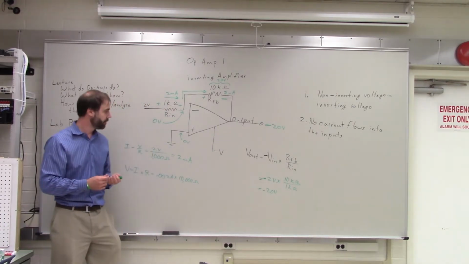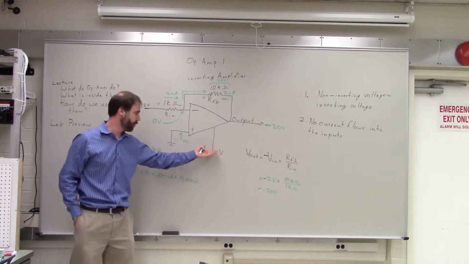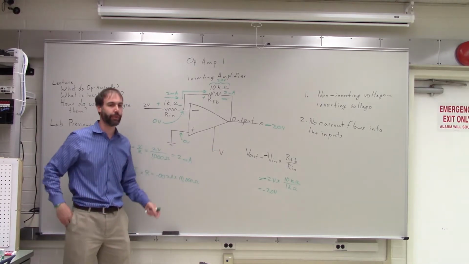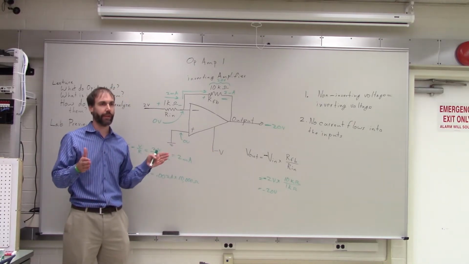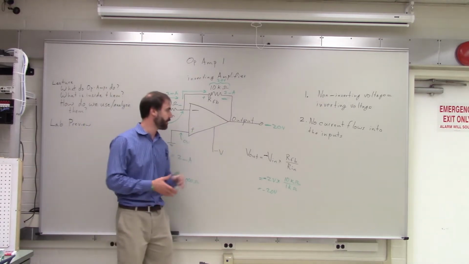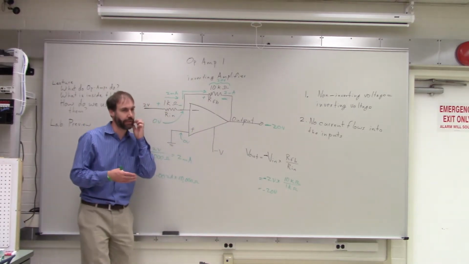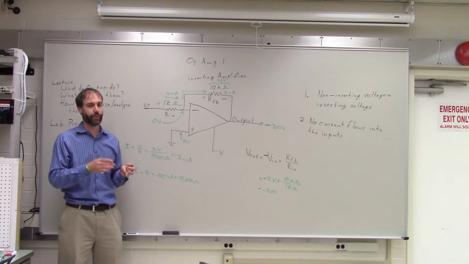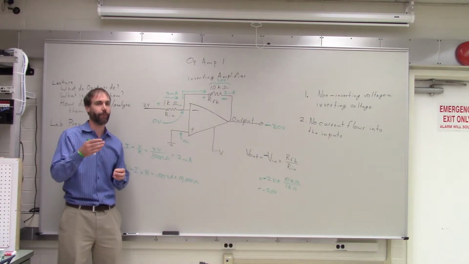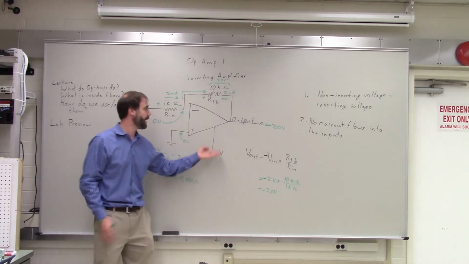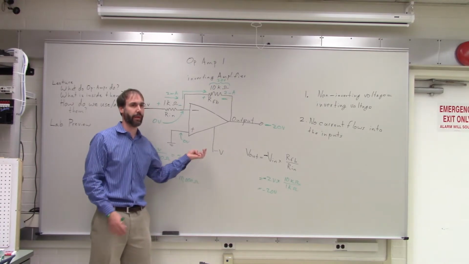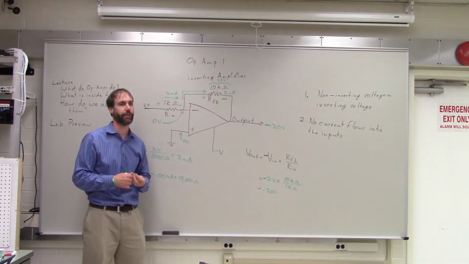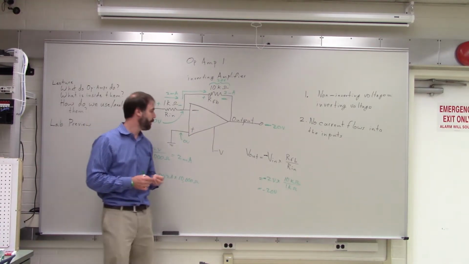So it's important to choose your power supply voltages in such a way that they allow you to get a signal that's as big as you want. So if you want your output to go between minus 10 and 10 volts, you would want to choose power supplies that were bigger than that. So like minus 15 and plus 15, something like that.